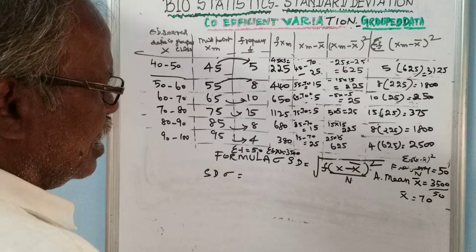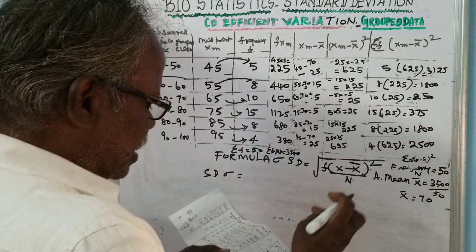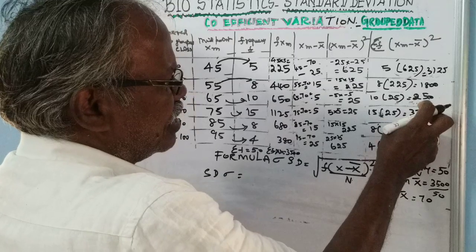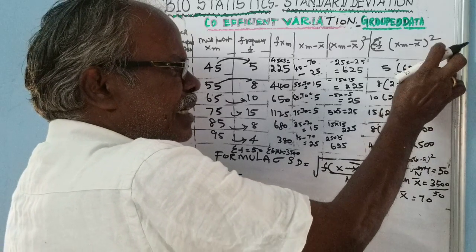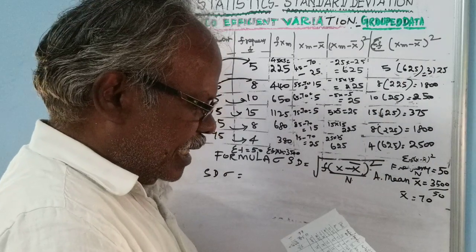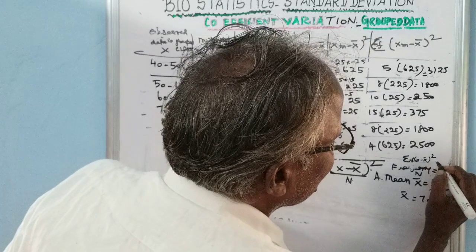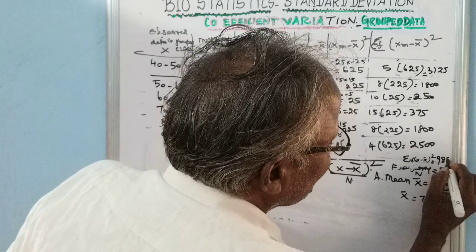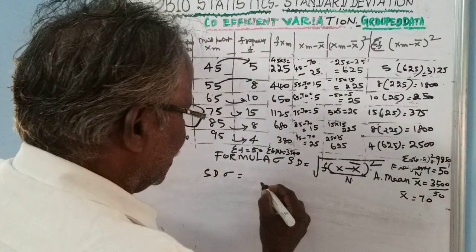Adding 2500, 1800, 375, 250, 1800, 3125, it is coming to 9850.